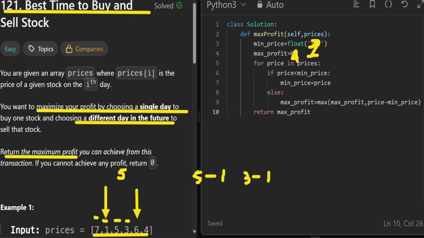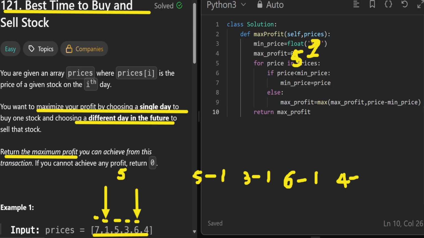The next price is 6, which is greater than the current min price 1. Subtract the current min price to find the profit. 5 now is greater than the current max profit 4. So we update max profit to 5. The next day price is 4, which is greater than the current min price 1.